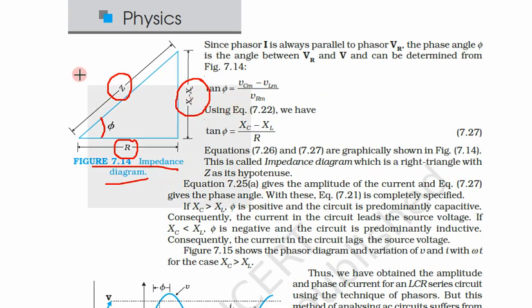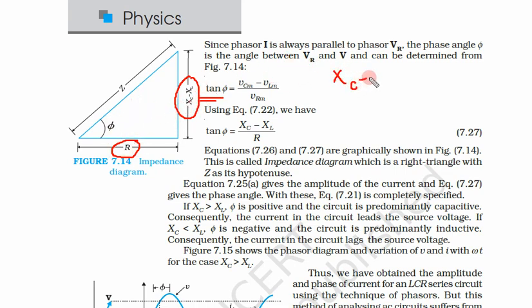Now from this impedance triangle, what can we say? We see that tan phi is Xc minus XL upon R. If we multiply all the terms with Im here, Im Xc is VCM, Im XL is VLM, and Im R is VRM.